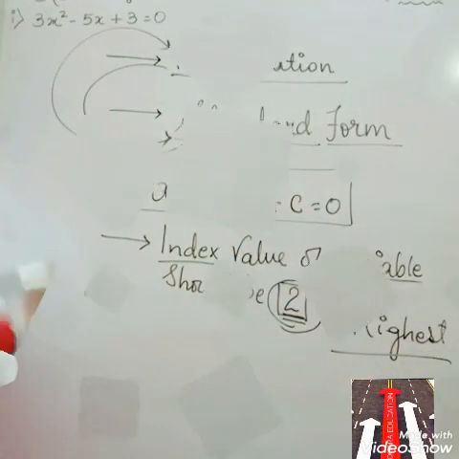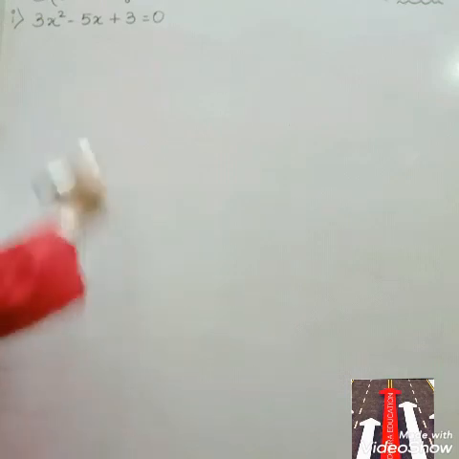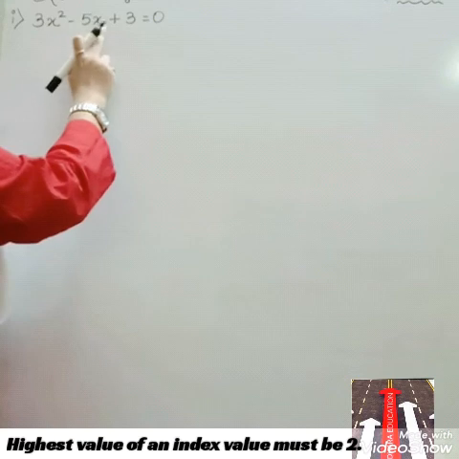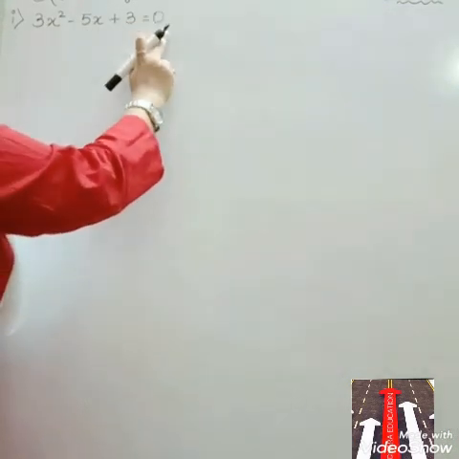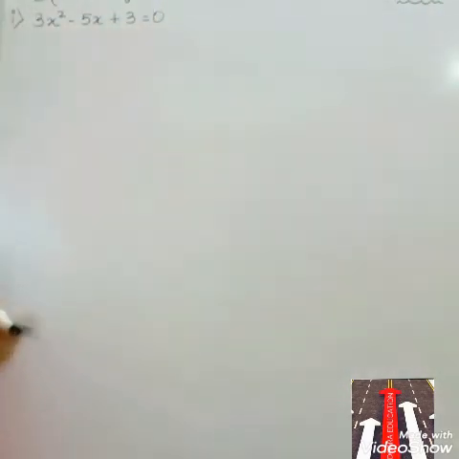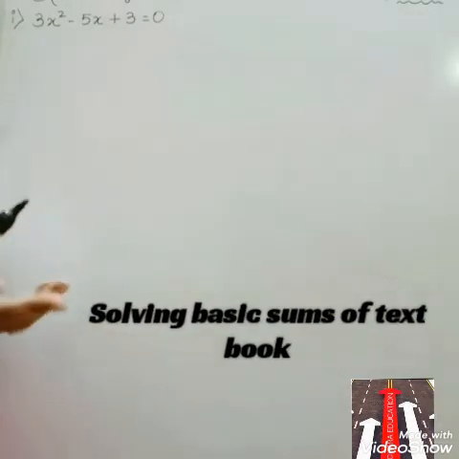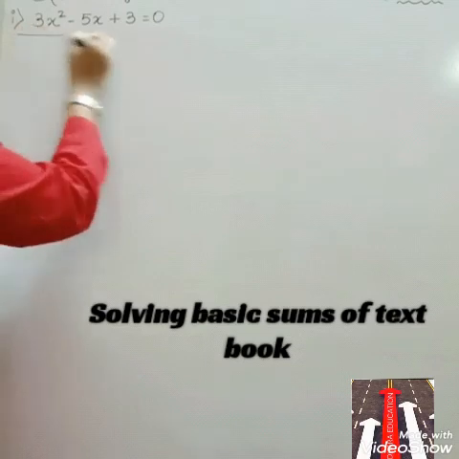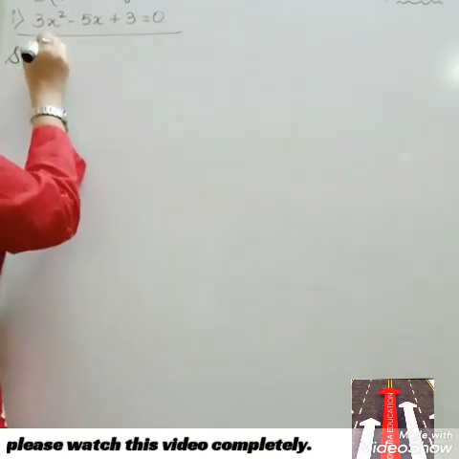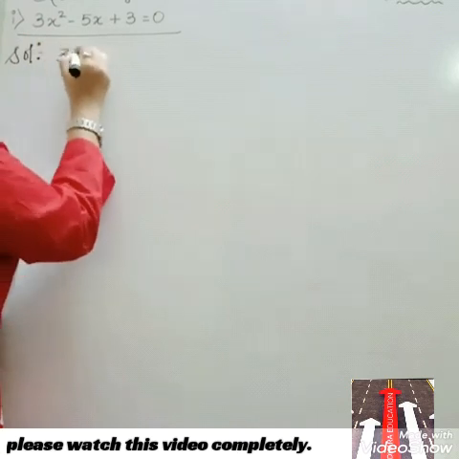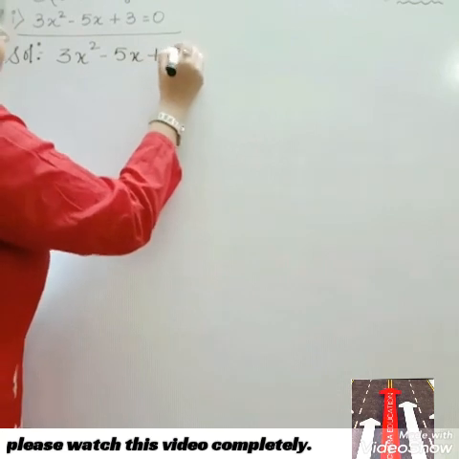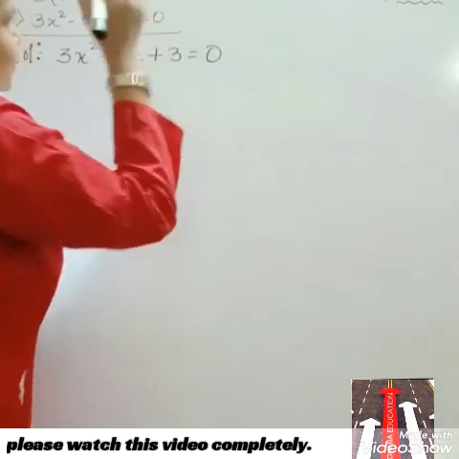Now we will solve the first sum. The given equation is 3x square minus 5x plus 3 is equal to 0. It is given in the textbook, number 31. So the solution is 3x square minus 5x plus 3 is equal to 0.